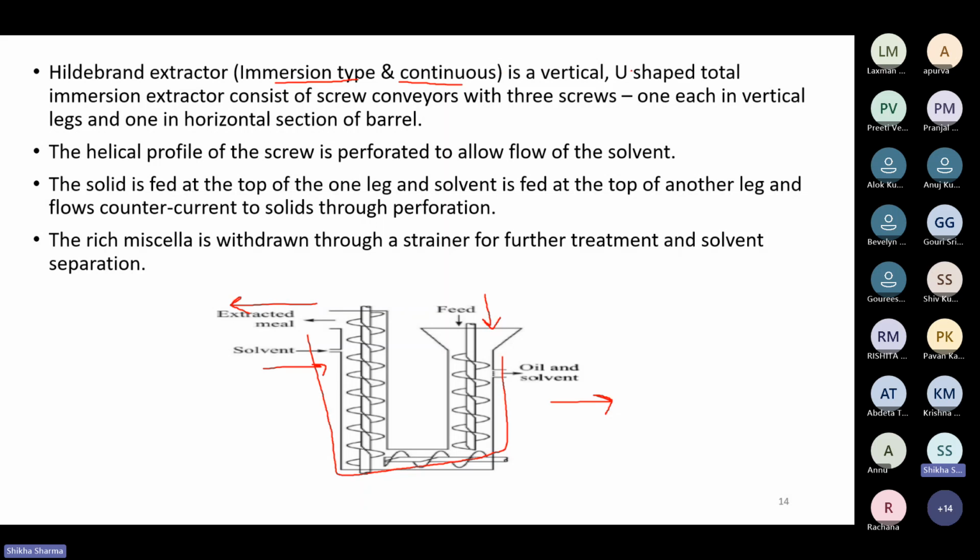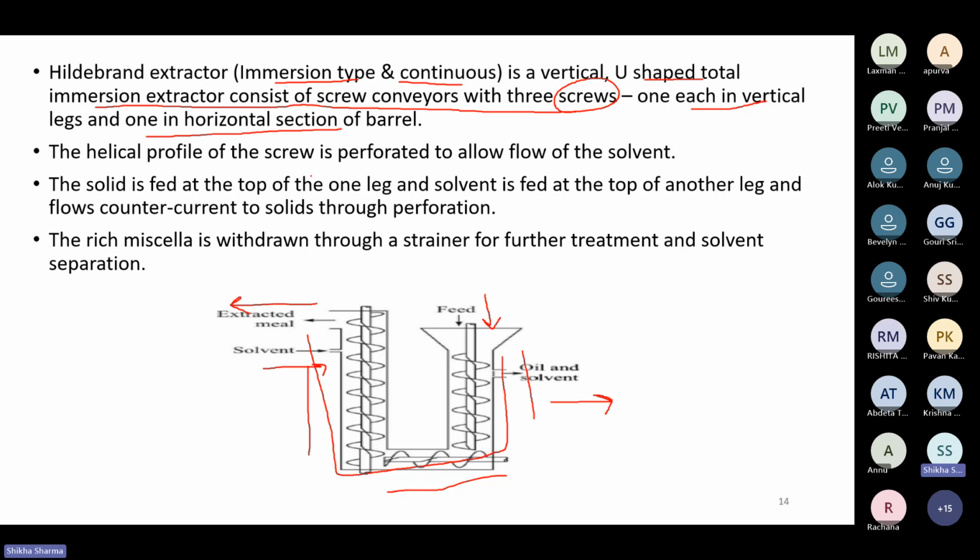It is a vertical, U-shaped, total immersion extractor, and it consists of 3 screws: one in each vertical leg, and one in the horizontal section of the barrel.